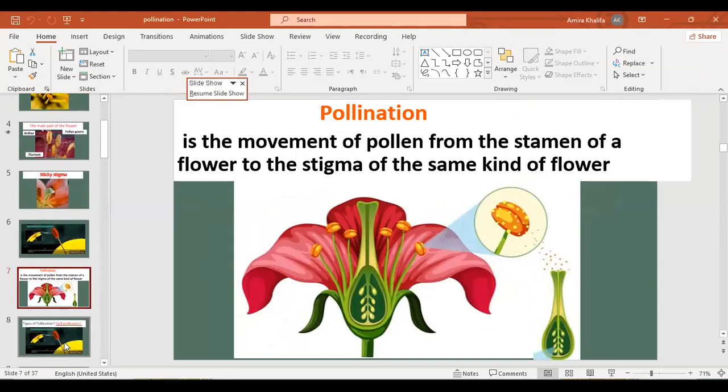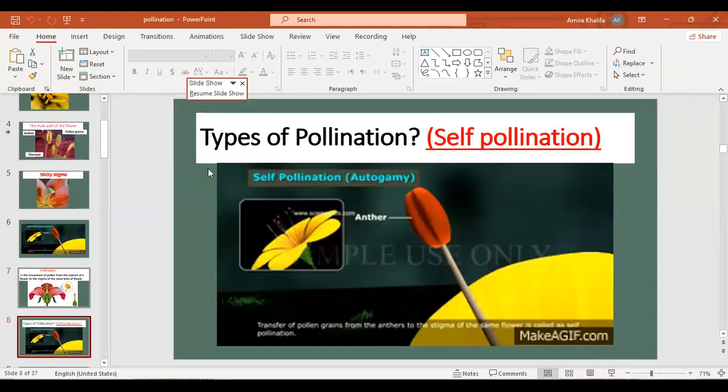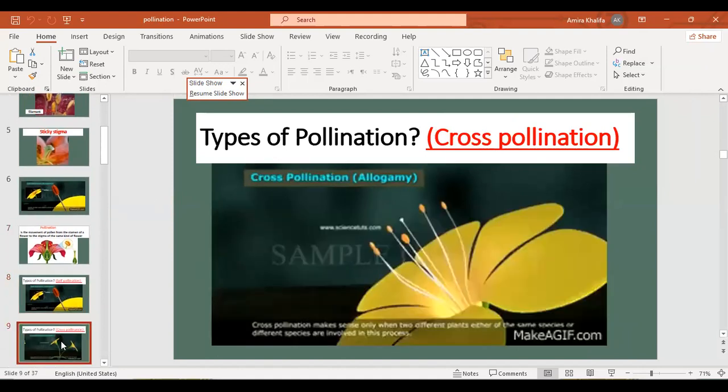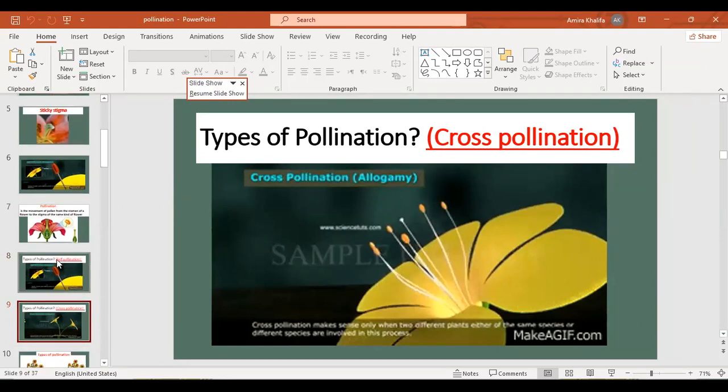We have two types of pollination, self-pollination and cross-pollination. Cross-pollination is the movement of pollen grains from a flower to the stigma of another plant with the same type of flower. It should be the same kind of plant.